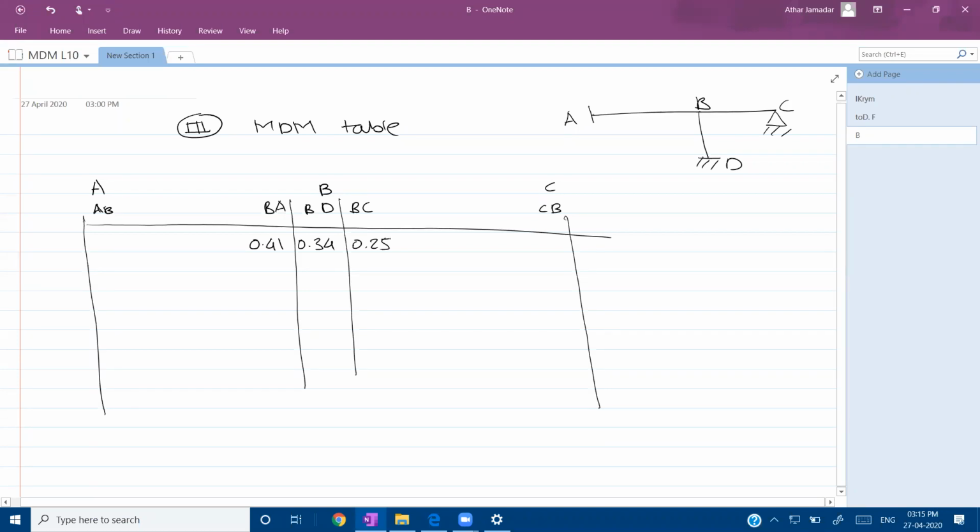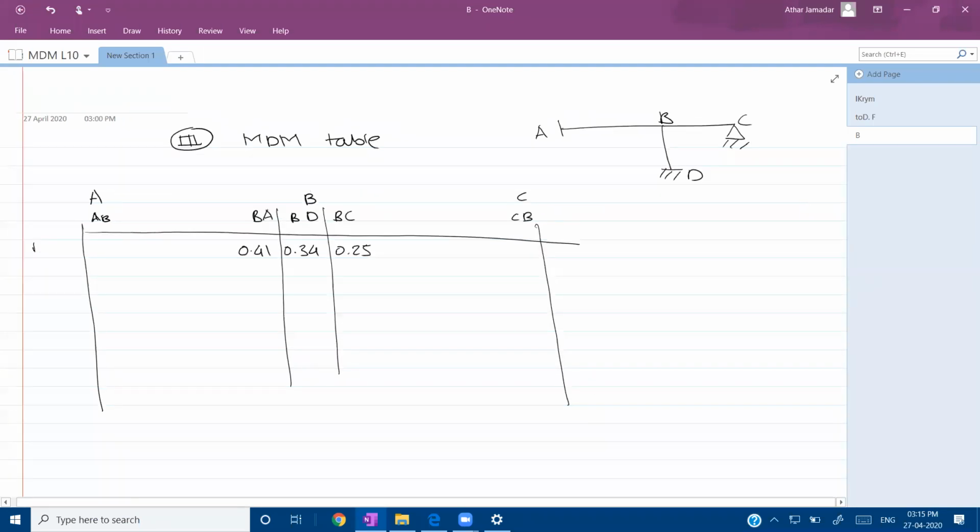Remember, the only difference in this problem is at joint B there are three members meeting. In all previous problems only two members were meeting, that's why we wrote down only two members where distribution factor is calculated. But here three members are meeting. Therefore we have written down these three members and the respective three distribution factors. So this is your distribution factor.